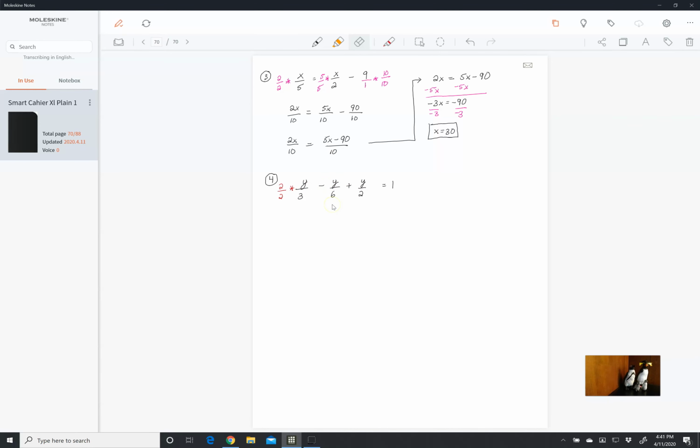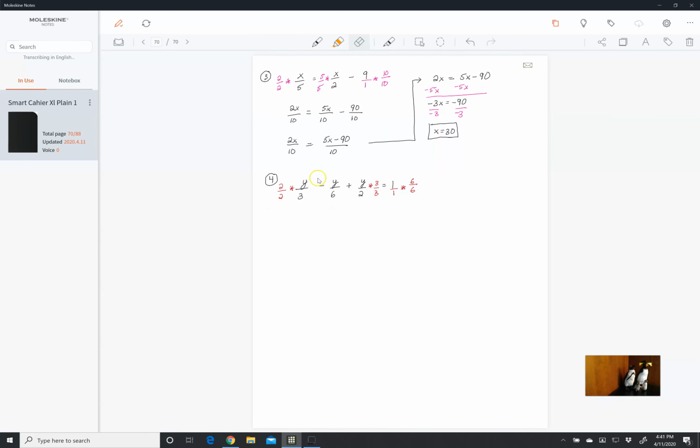Remember, this goes back to our linear equations when we were saying what's the least common multiple. Over here we have y over 2, so we can multiply by 3 over 3. And this is like a 1 over 1, so we would have to multiply by 6 over 6. So if we actually do the multiplication, we know all of our denominators should be 6.